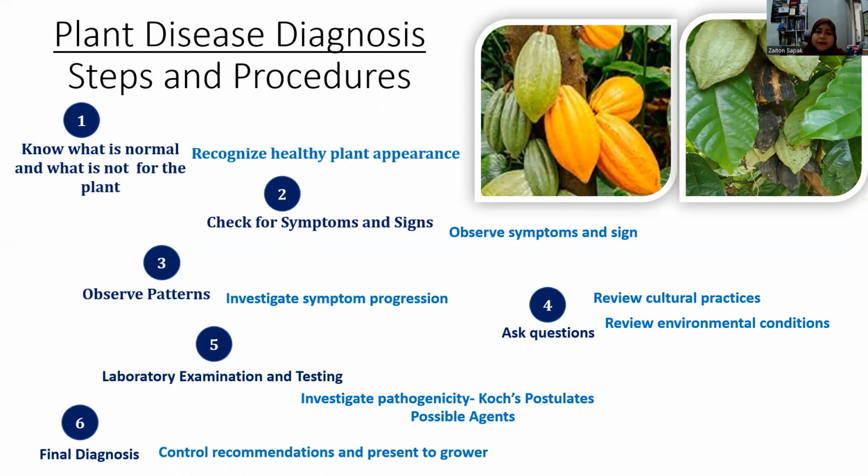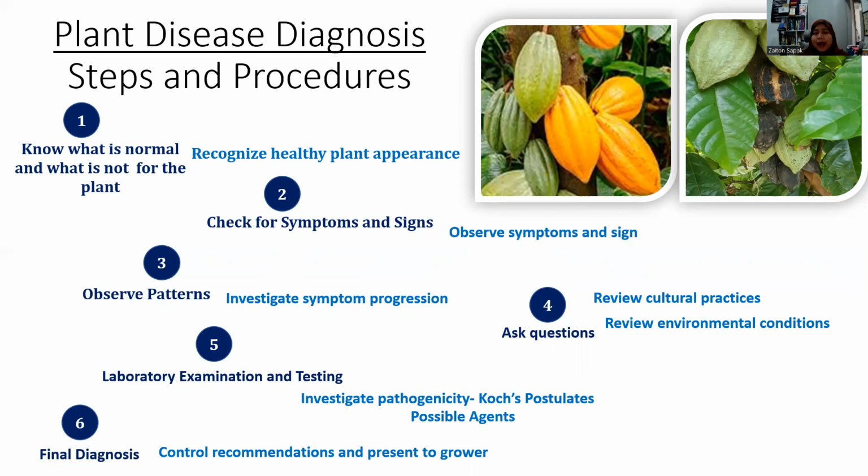Right, and then the disease is normally not only caused by biotic factors, but it can also be caused by abiotic factors, for example extreme temperature, heavy rains or excessive water, and extreme dryness. All these can also contribute to abnormal plant appearance.